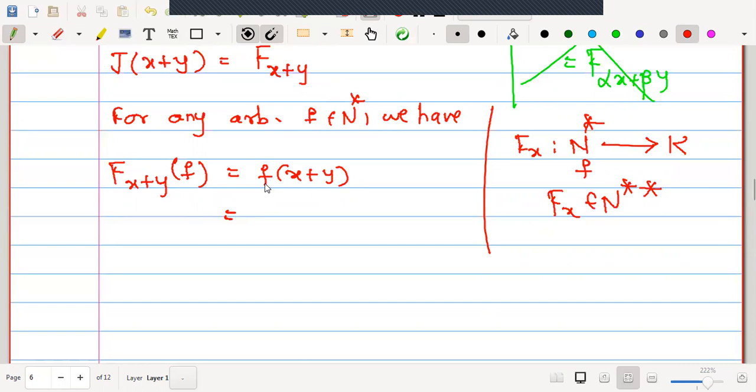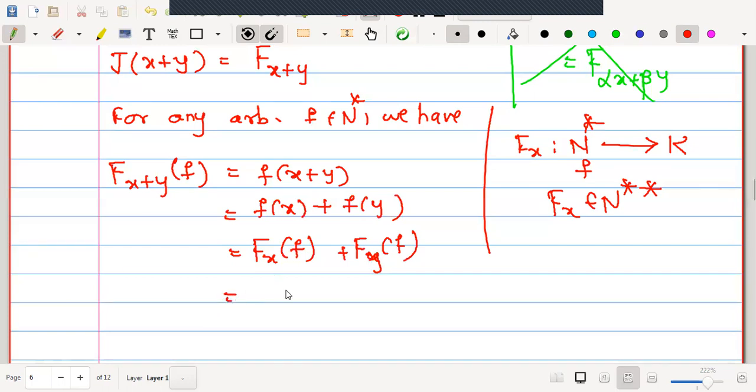But f itself is a functional. f is a member of N star. Therefore it is linear. Therefore, by linearity, I can write this as f of x plus f of y. Can I write this as fx of f plus fy of f?